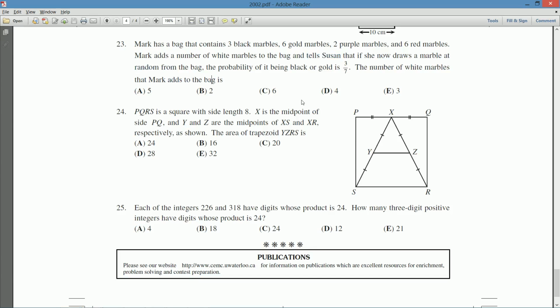So this is a straightforward probability question. We have different types of marbles: black, gold, purple, red. And we add a certain number of white marbles. Now, we don't know how many white marbles we add. We have no idea. So we step in and give it a name. We could say let X, or let A, or in this case let W, W for white.